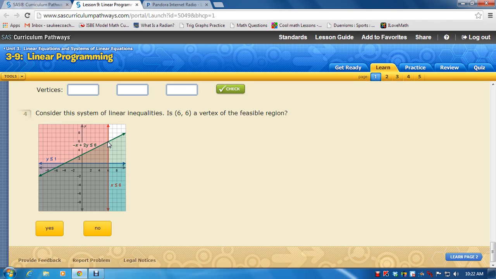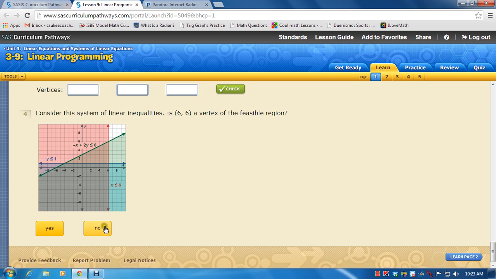Well, I should be able to tell from the green graph shaded below it. But then another constraint was the blue graph shaded below it. Therefore, my feasible region should not extend up to that point right there that the cursor is on right now.